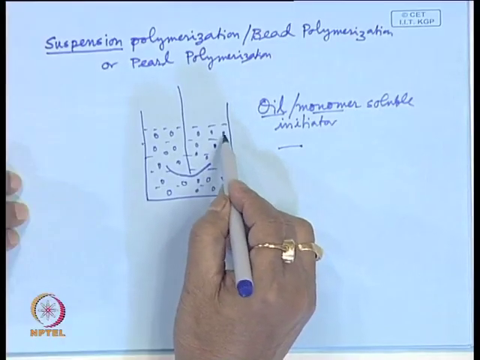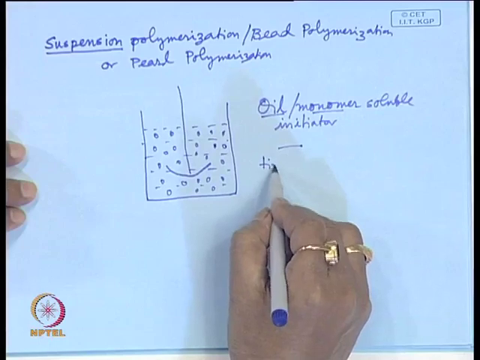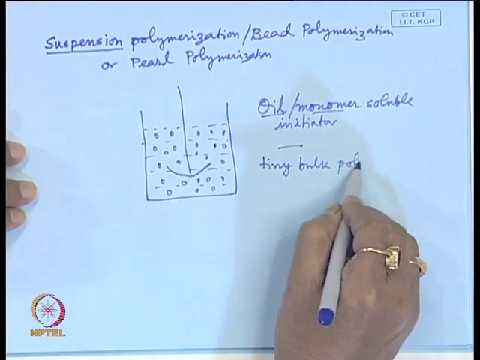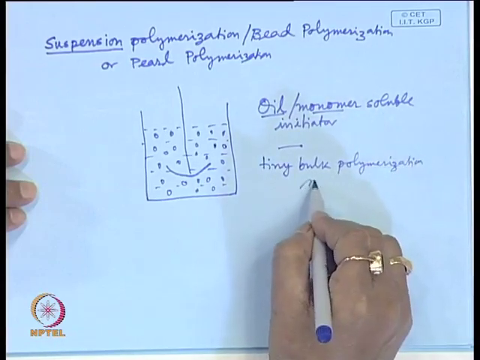Then you add the initiator, and since the initiator is also an organic compound, it will go to the monomer phase. That means, it will remain dissolved in the monomer droplets. So, each droplet can be considered as a tiny bulk polymerization system.